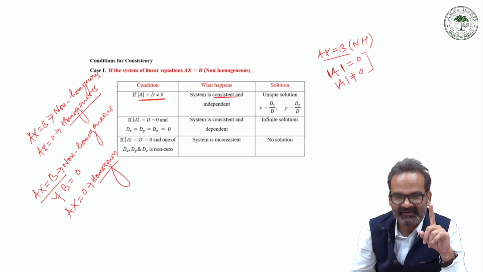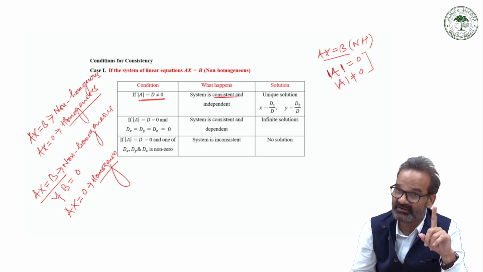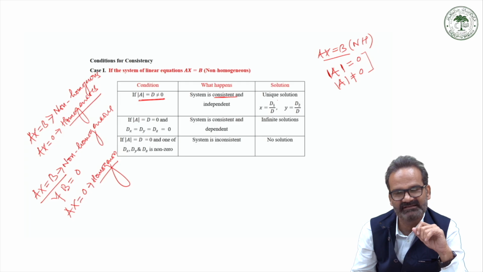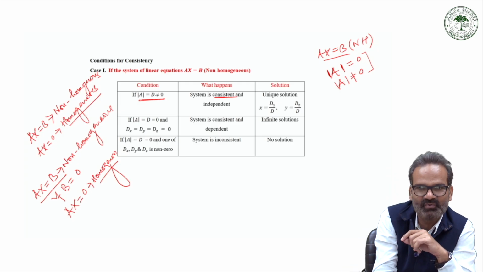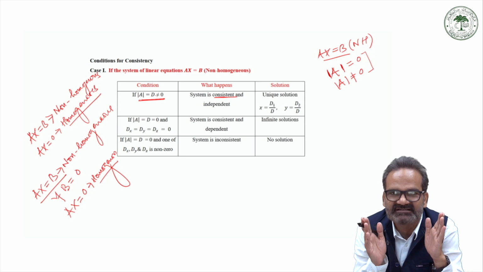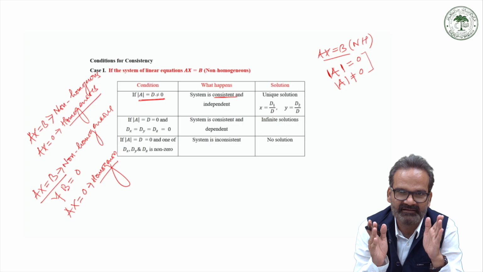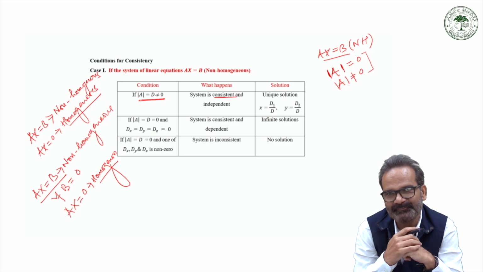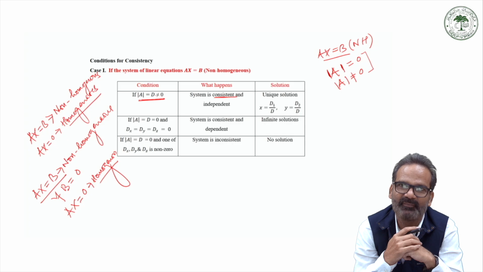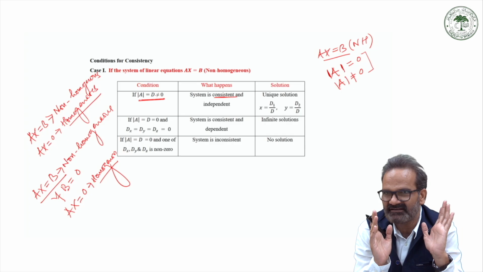That is why we were always getting a unique solution. Unique means only one. So if the determinant of A is not equal to 0, then the system is said to be consistent and it will have a unique solution, and its solution is given by x equals d1 upon d and y equals d2 upon d. In all earlier examples, we used this condition.